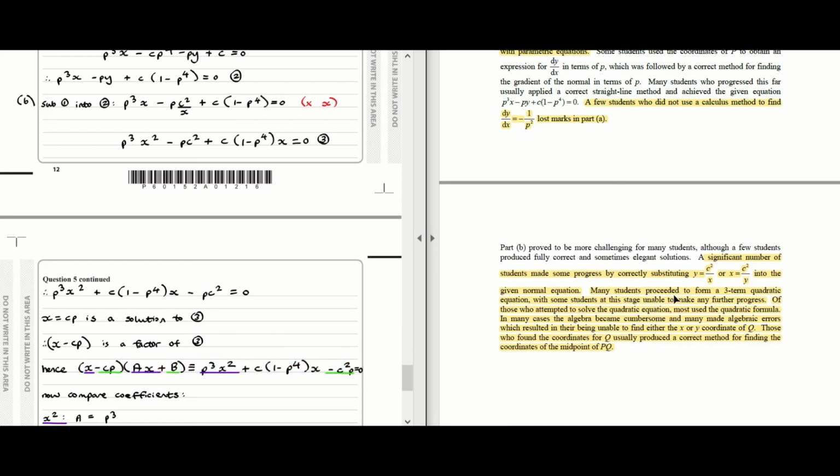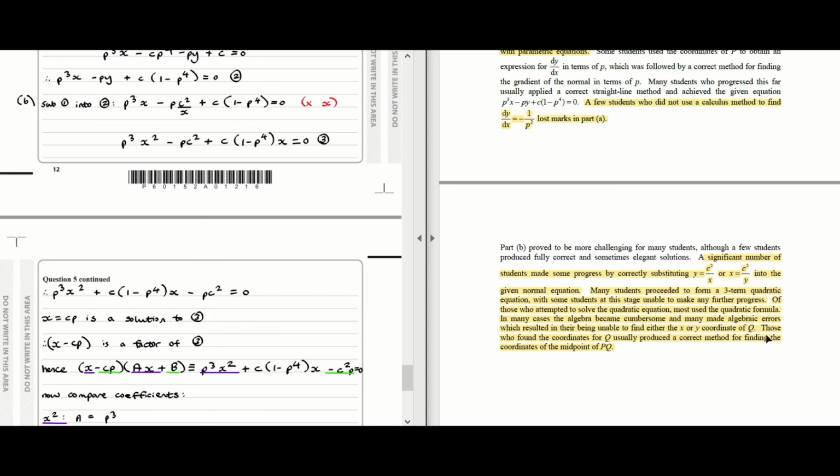Many students formed a 3-term quadratic equation, with some students at this stage unable to make any further progress. Of those who attempted to solve the quadratic equation, most used the quadratic formula. In many cases, the algebra became cumbersome and many students made algebraic errors, which resulted in their being unable to find either the x or y coordinate of q.